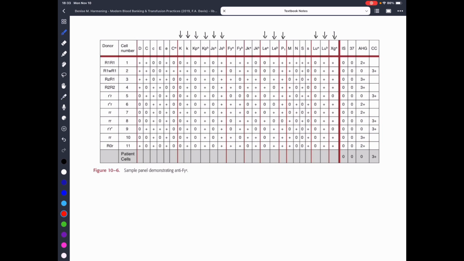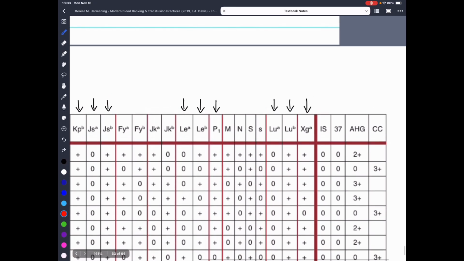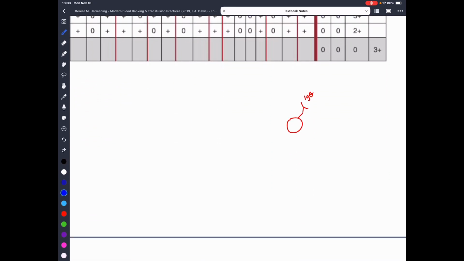So I could show a little diagram here. So this is the red blood cell, this is the antigen, and then this would be the IgG. But it's too short, and so it cannot bind to another red blood cell. So instead, we have the AHG, which binds over here, and then now we can create agglutination.